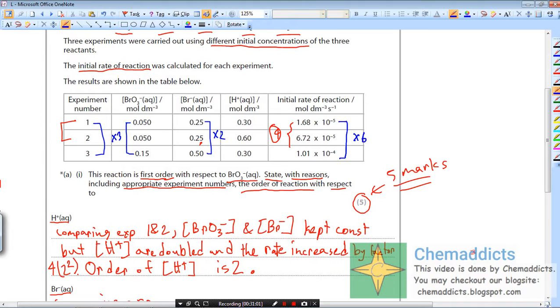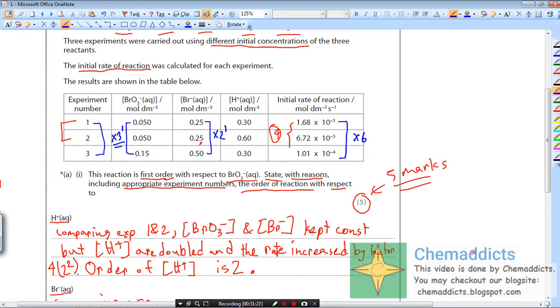As we can see, the order for bromate 5, which is already explained here, is first order, and bromide here is first order, not second order. That's because the power is 1. So the order is determined by the power of the factors, not the factors. So we should not answer according to the factors.